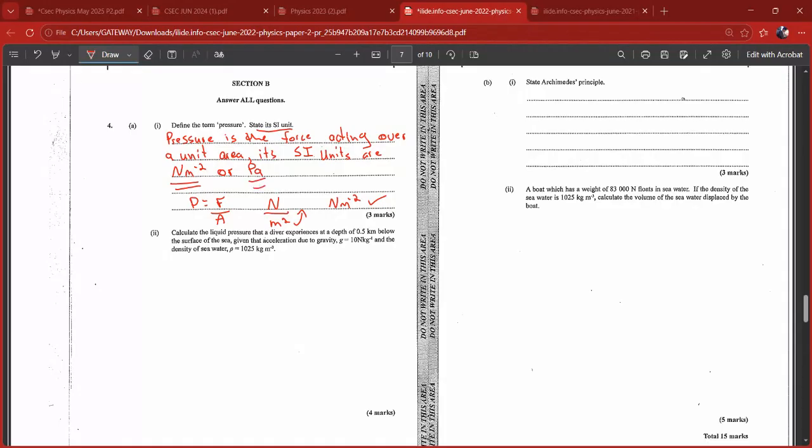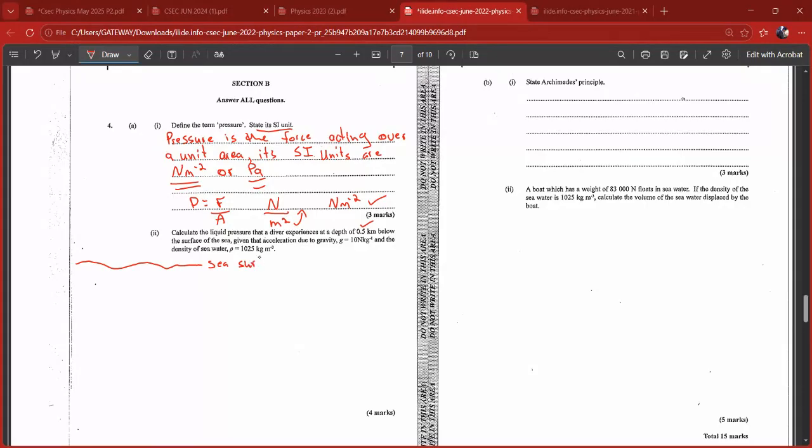So part two, they say to calculate the liquid pressure that a diver experiences at a depth of 0.5 kilometers below the surface of the sea. So let's say this is the surface of the sea.